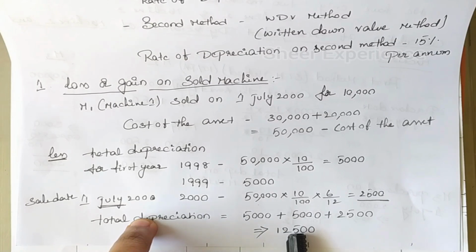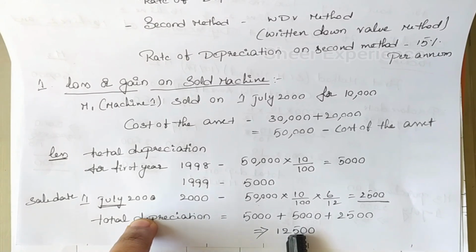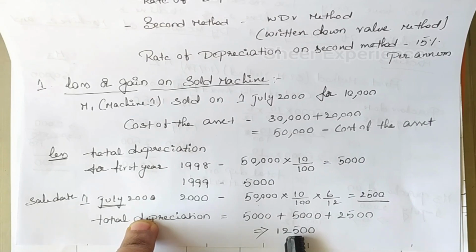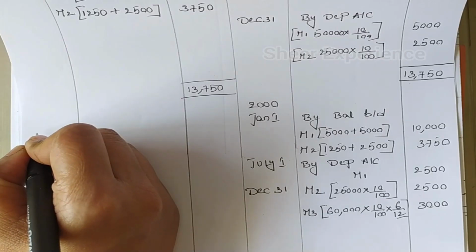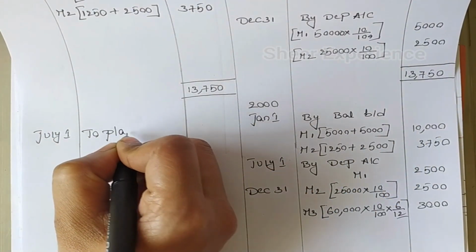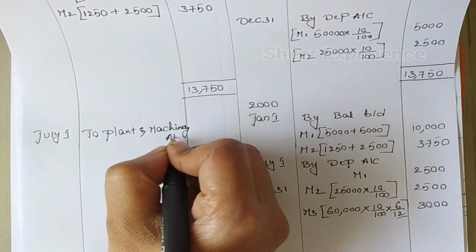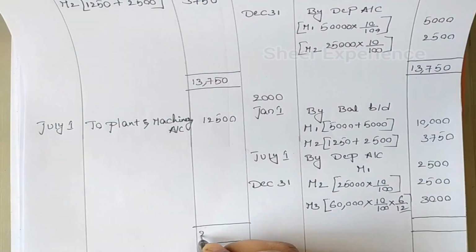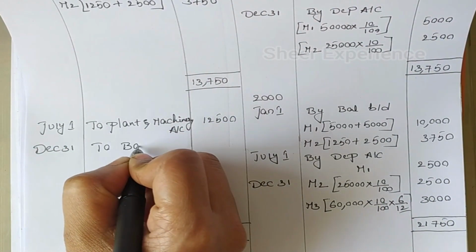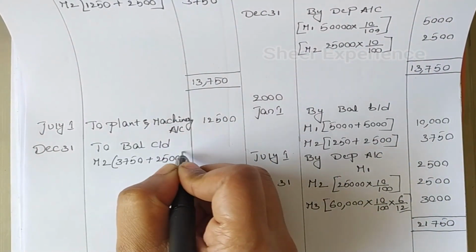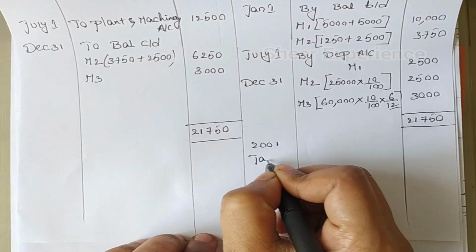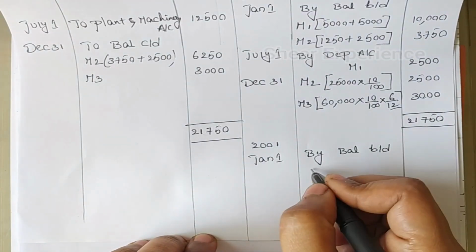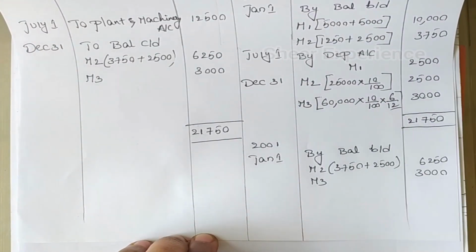The accumulated depreciation amount for mission 1 is 12,500. This amount we will mention on the debit side as to plant and machinery account and 12,500 in the amount column. Now we will balance the amounts on both the sides. We will bring down the balances to the beginning of the next year, that is January 1st, 2001.